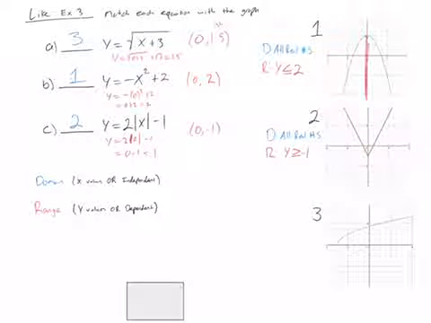Now let's look at this last one down here, number 3. Notice the x values. If I'm plugging in x values over here, I'm getting these y value points up here. But I can't plug in x's over here. Notice there's no graph over here to the left of this. And that's because when we're working with square roots, I can't plug in negative numbers inside that square root.